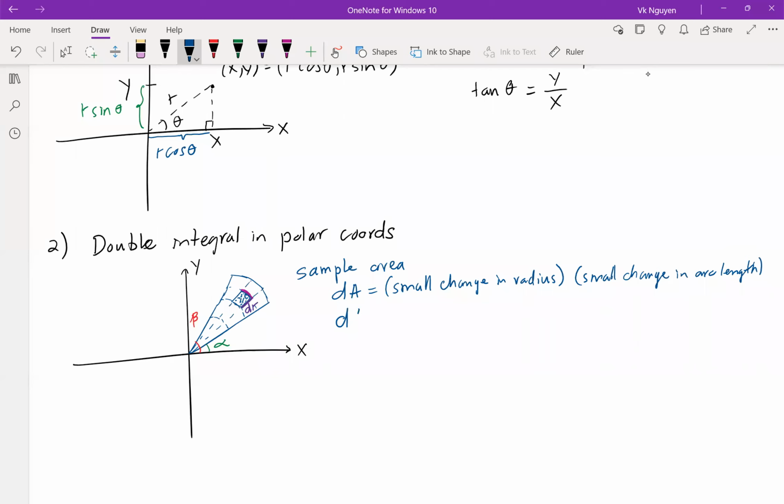A small change in the arc length is the radius multiplied by a small change in the angle. This is the dA right here.